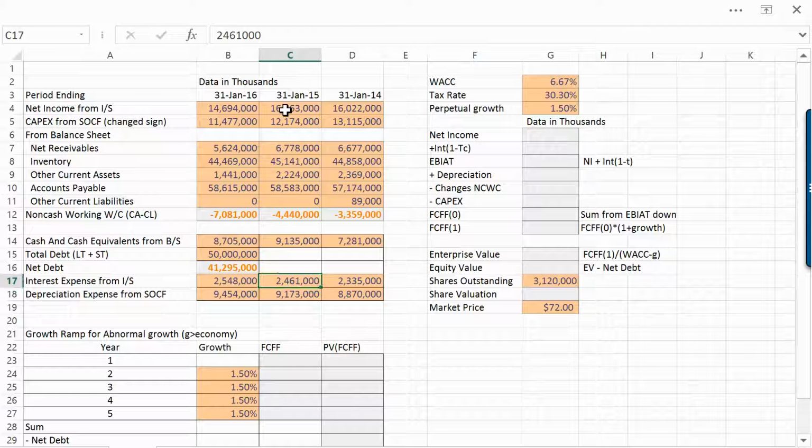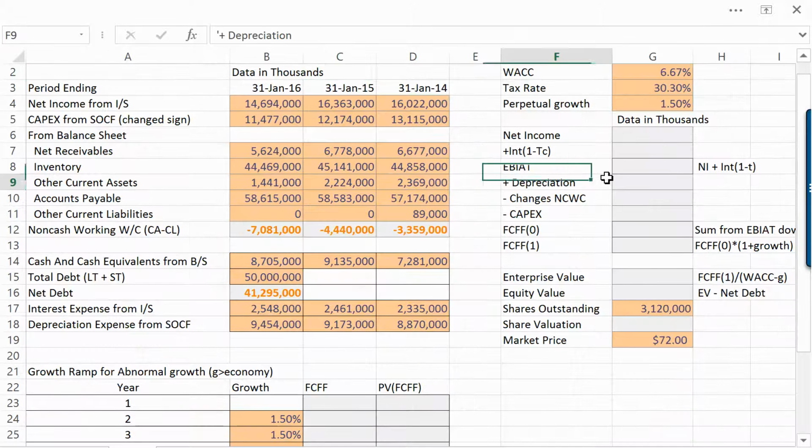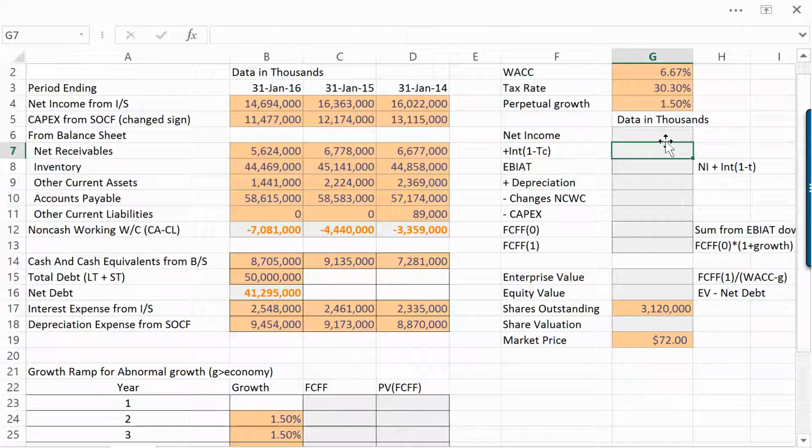So what I'm going to do is calculate the free cash flows historically for Walmart. So they had net income of $14.6 billion. I'm going to add back depreciation. Add back interest. Take the interest expense times 1 minus the tax rate.